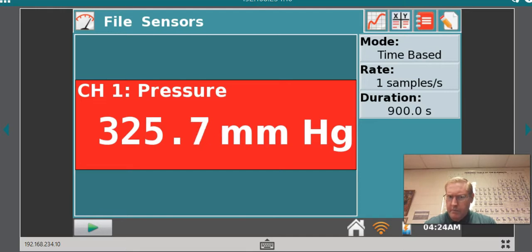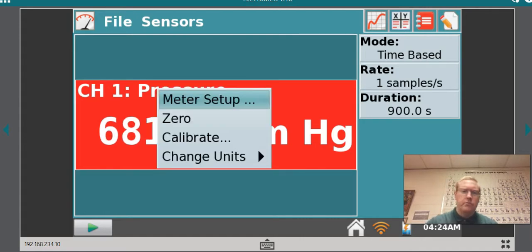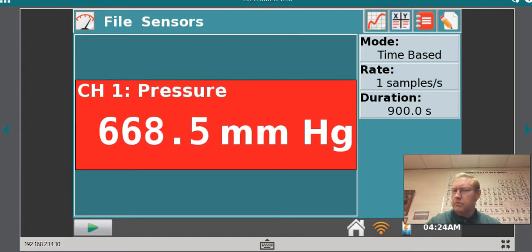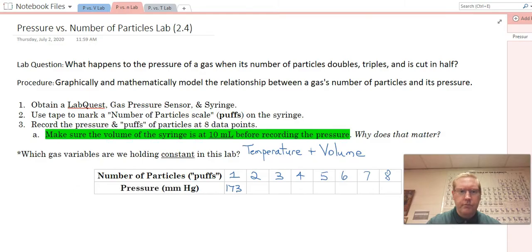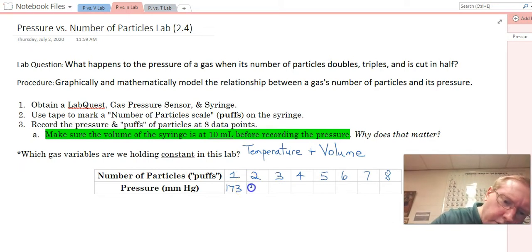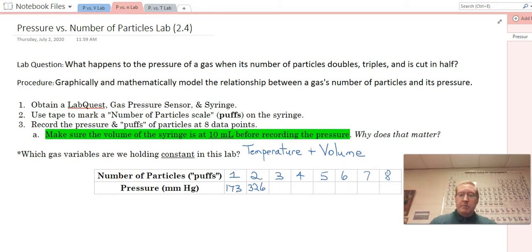And we're right at about 326. Okay, keep accidentally tapping that. So 2 puffs, right at about 326. Okay, I can keep going until I get as many puffs as I need.